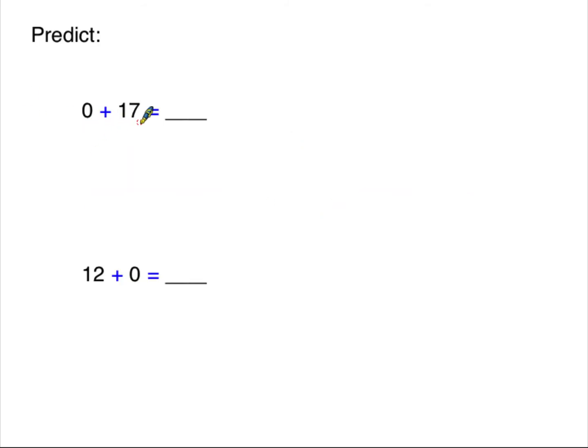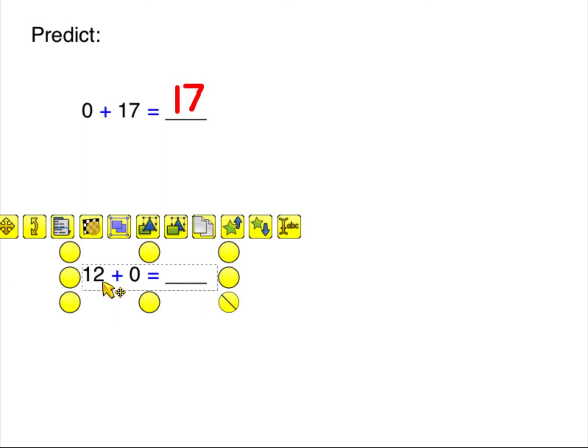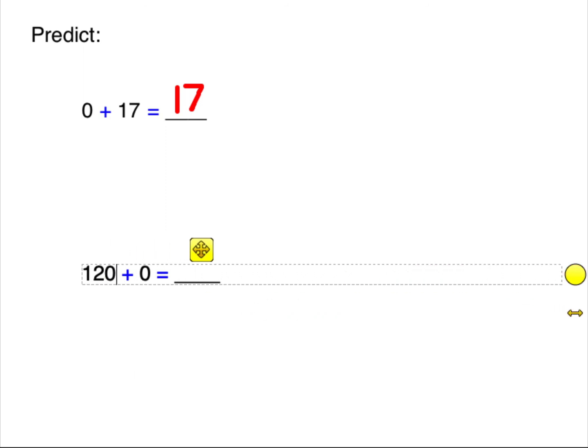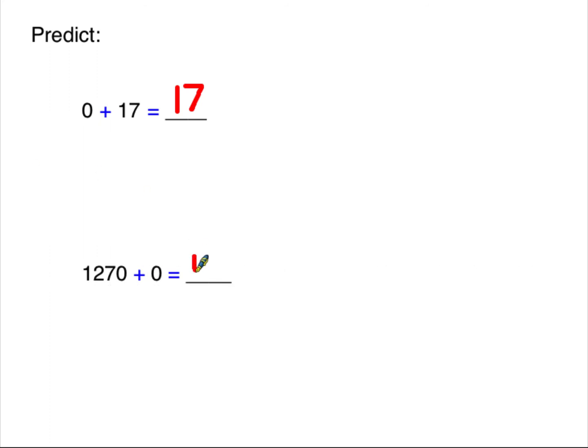So 0 plus 17 is going to be 17. And 12 plus 0 is going to be 12. And if you do, let's say, 120 plus 0 is 120. Or 1,270 plus 0 is 1,270.